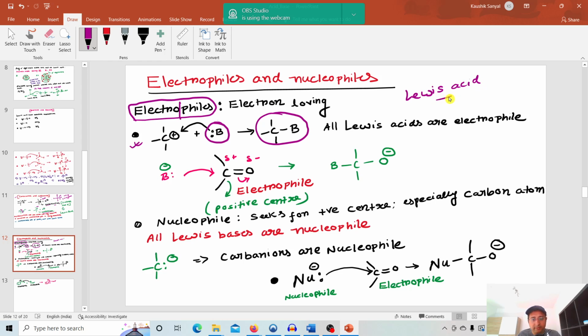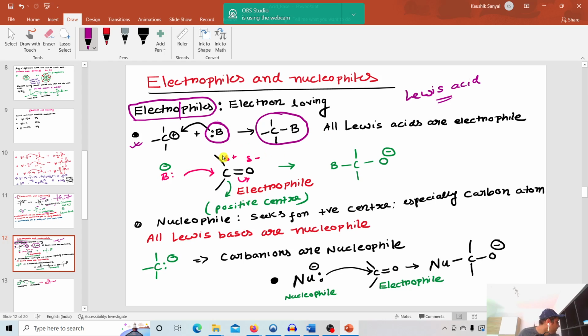Why do we call them Lewis acids? As I discussed in my previous talk, all Lewis acids have the tendency to accept electrons from others. This carbocation has the tendency to accept electrons from any base, so they are called Lewis acids.